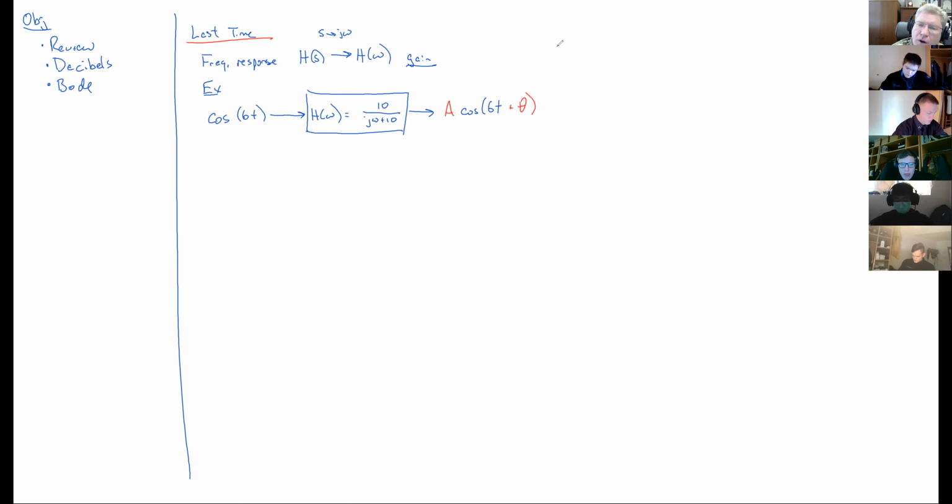And we can figure out what that magnitude is by just finding the magnitude of the transfer function at that particular frequency. So since it's 6t in, we'll set omega to be 6. And in this particular case, it happens to be 1.1. To find the phase angle, we just find the phase of 10 over J6 plus 10, which for this particular case happens to be minus 12 degrees.